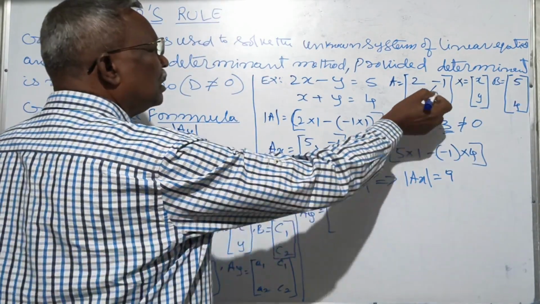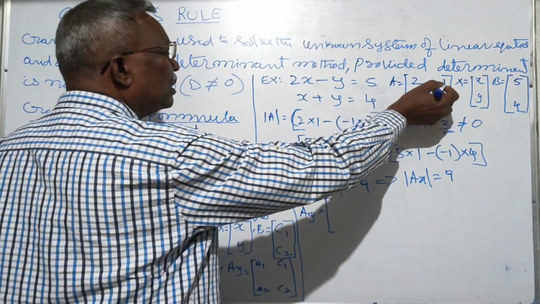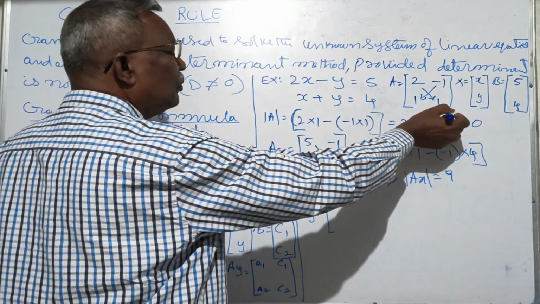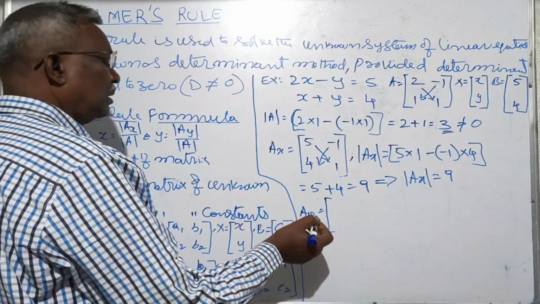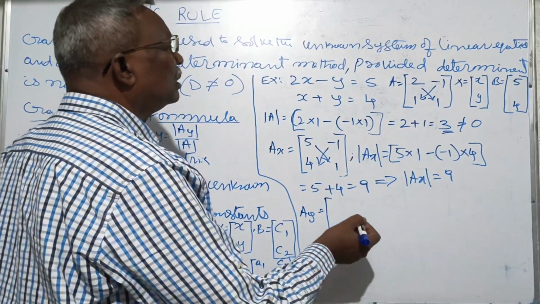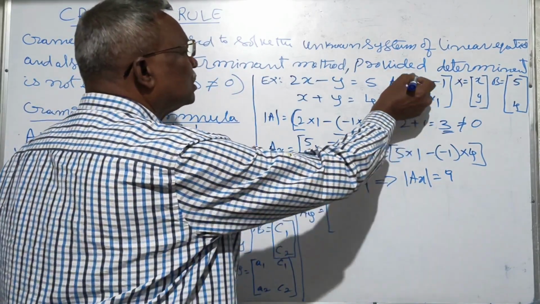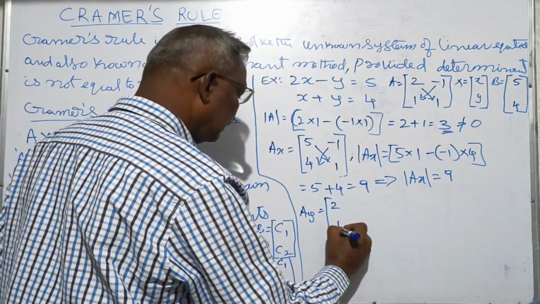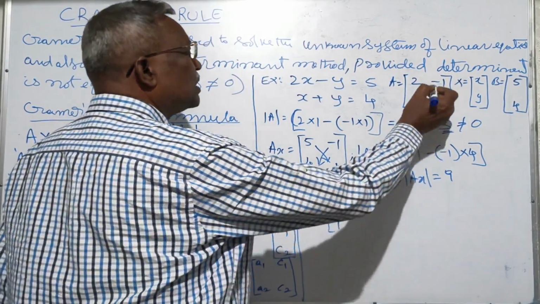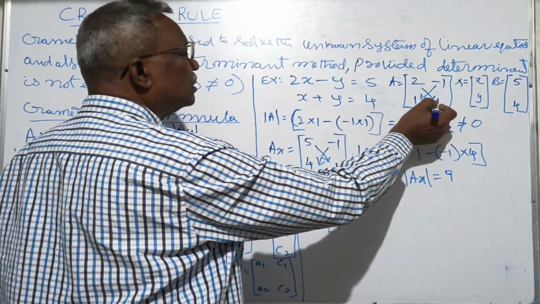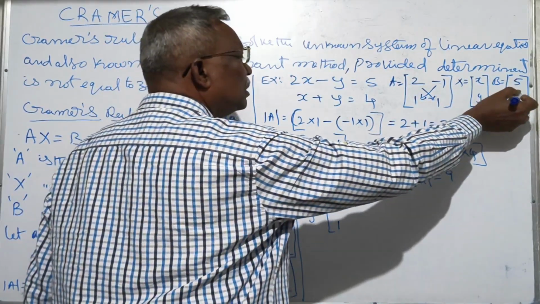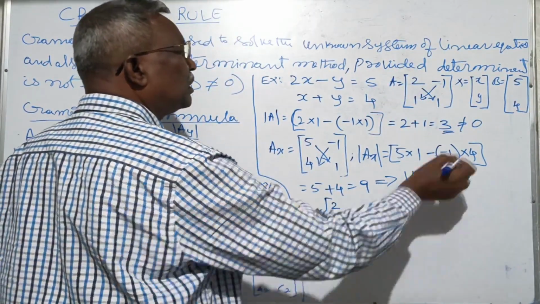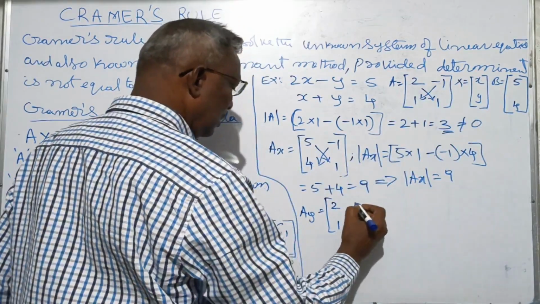In matrix AY, the first column, that is the x coefficients, stays as it is. Then the second column, that is the y coefficients, is replaced with B, that is 5, 4.